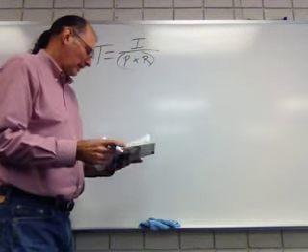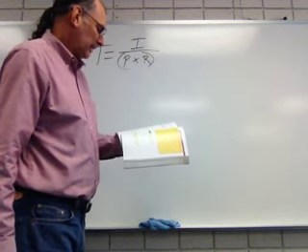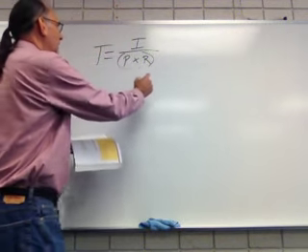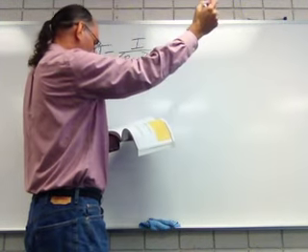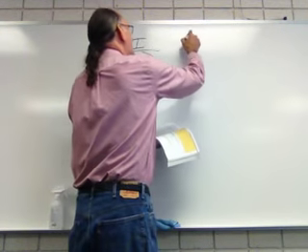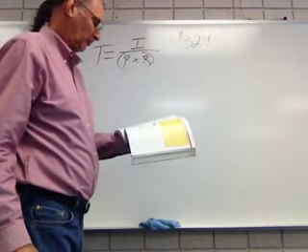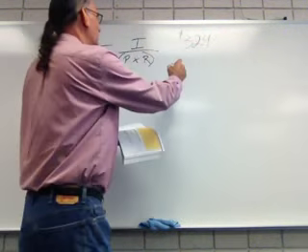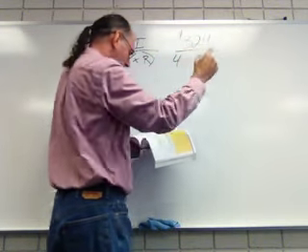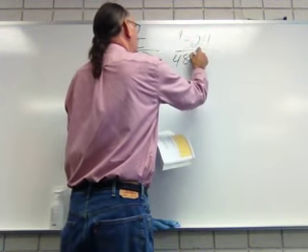Going back to example L, find the time if the interest is $324. That's my interest. The principal is $4,800.